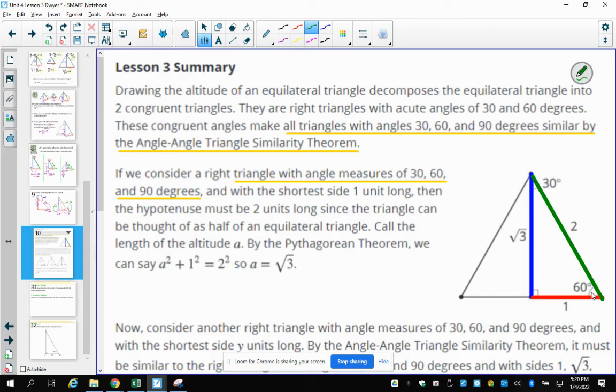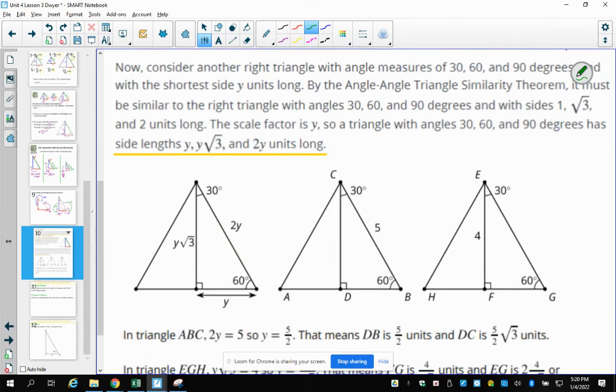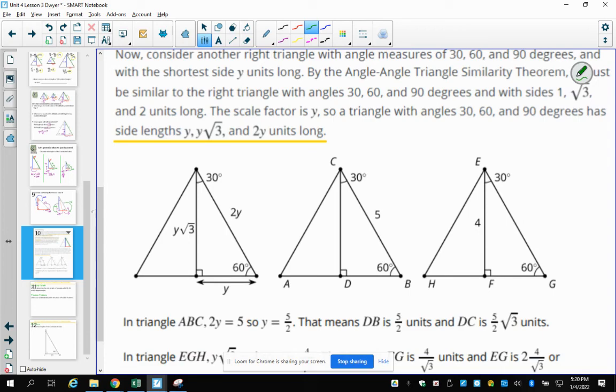Every other 30, 60, 90 triangle is a dilation of this, just bigger or smaller by a scale factor. So if we go down to these examples, this short leg, if we just call it y, meaning any number, the long leg is going to be times the square root 3, and the hypotenuse is going to be times 2.